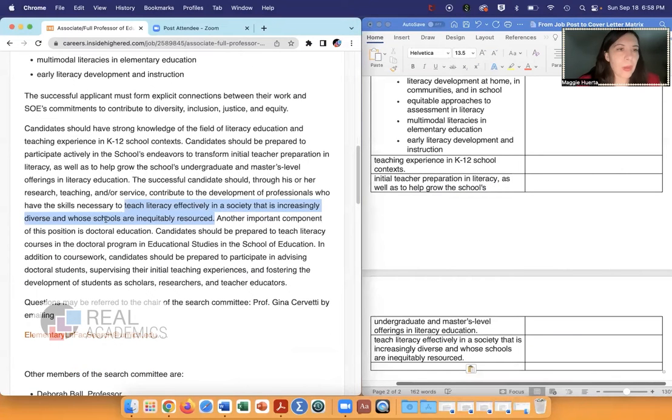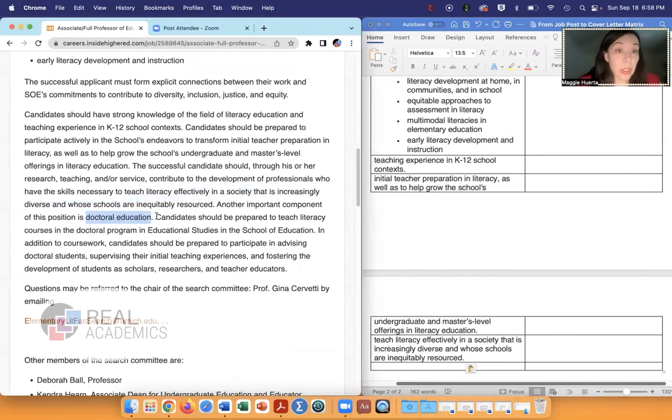Another important component is doctoral education. Candidates should be prepared to teach literacy courses in the doctoral program in educational studies in the School of Education. I might just copy the whole thing because when I write my letter, it'll be really important for me to show them that I know that they are the program in educational studies in the School of Education.